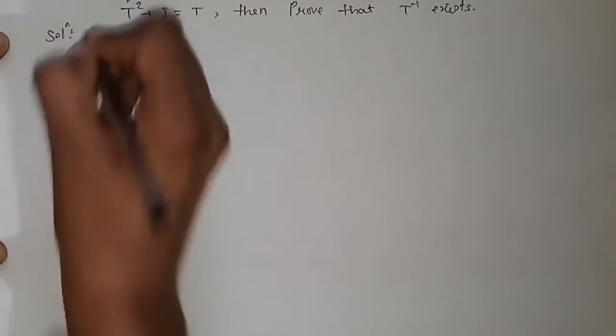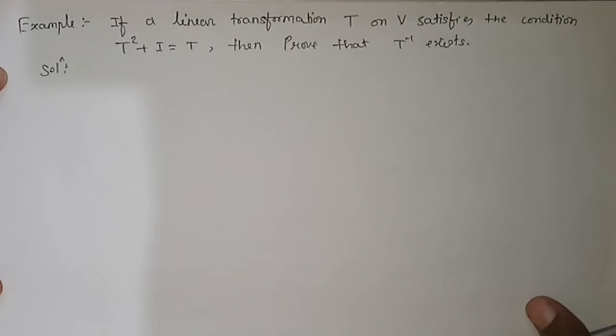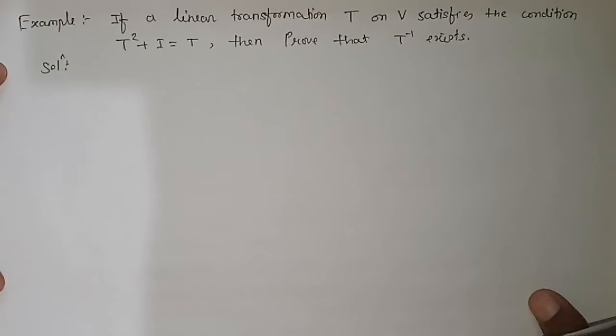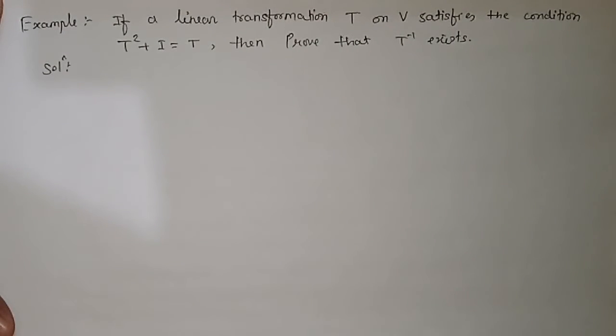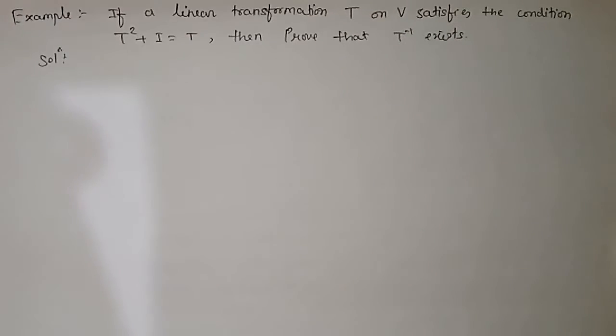Solution. Example, if a linear transformation T on V satisfies the condition T square plus I is equal to T, then we have to prove that the T inverse exists.